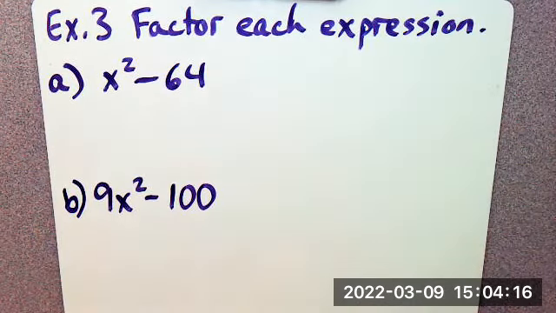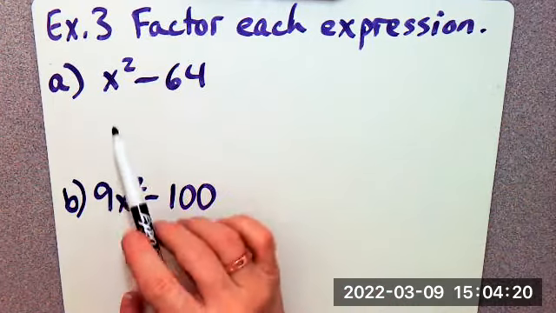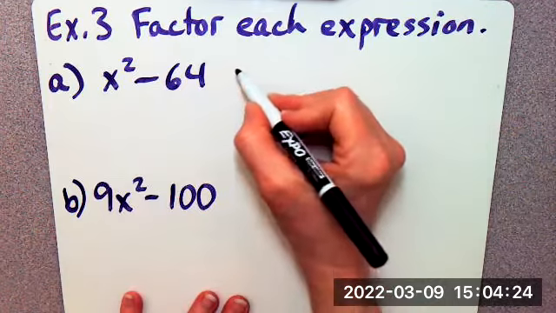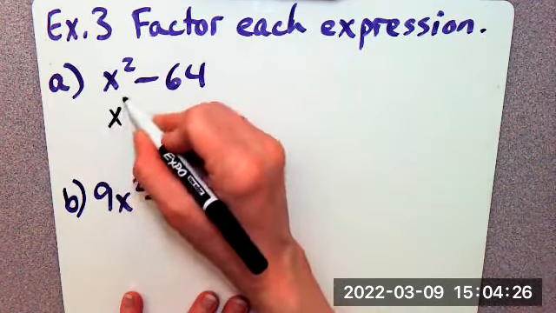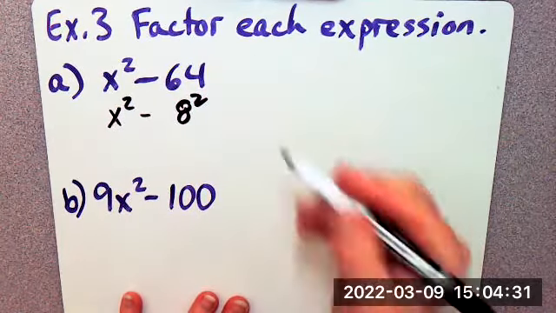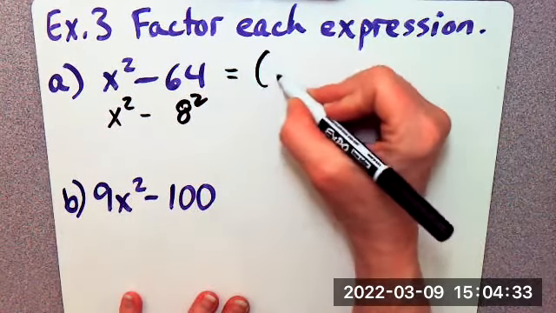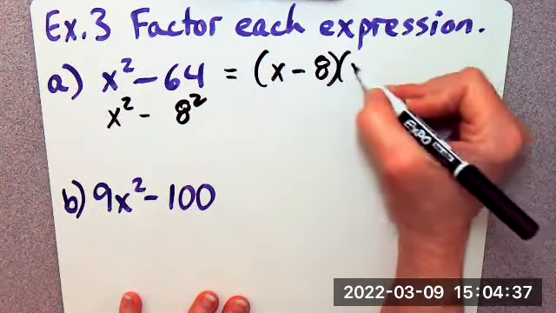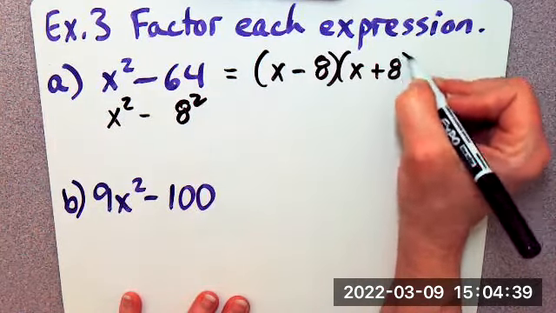All right, so let's factor each expression. So we see that we have x squared, and that is the same thing as x squared minus 8 squared right here. So that is a difference of squares. So we have x minus 8 times x plus 8.